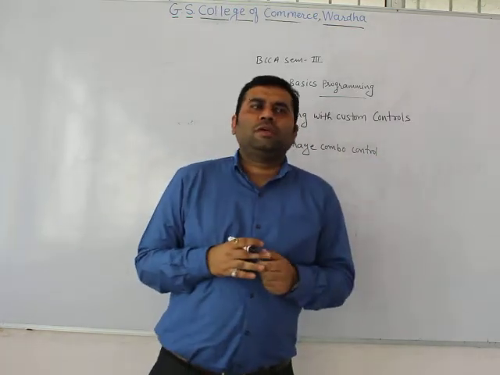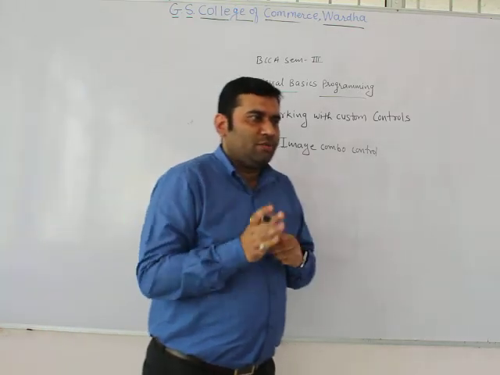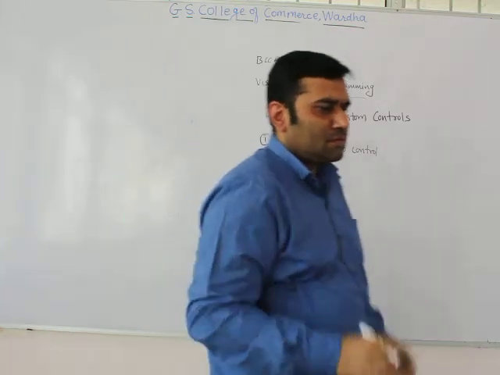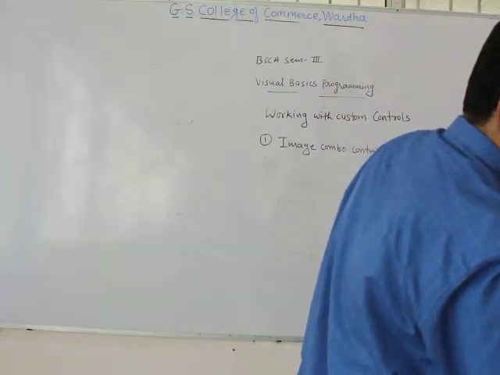Image combo control can display data and pictures simultaneously from the image list control. It performs various types of steps.